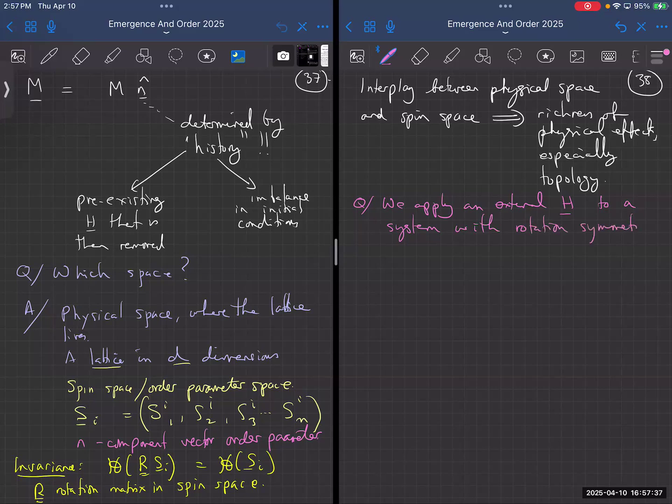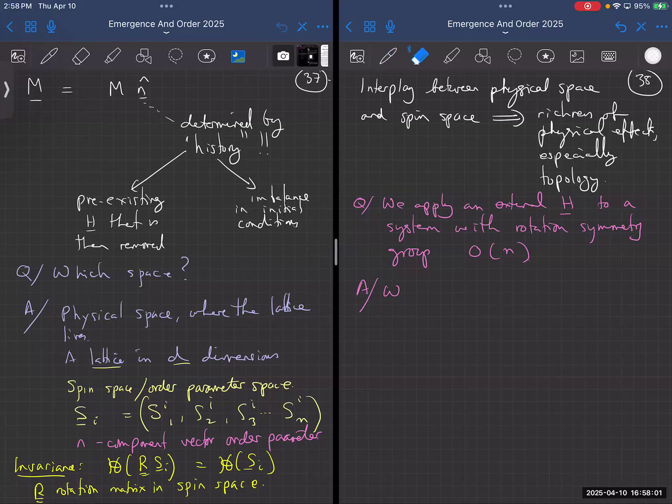And I'm going to say that the rotation symmetry is the rotation symmetry group O(N). So O(N) is the group of rotations in n dimensions, but here it's spin dimensions. So let's suppose I now apply an external magnetic field. So what is going to be the symmetry group now of the Hamiltonian?